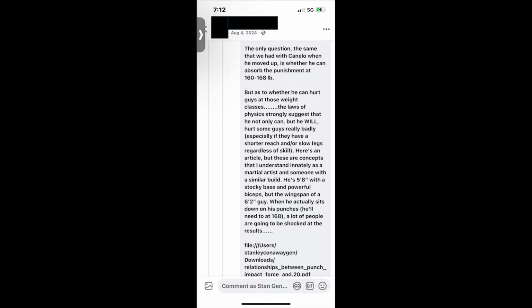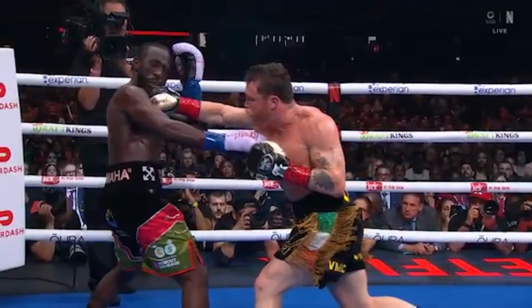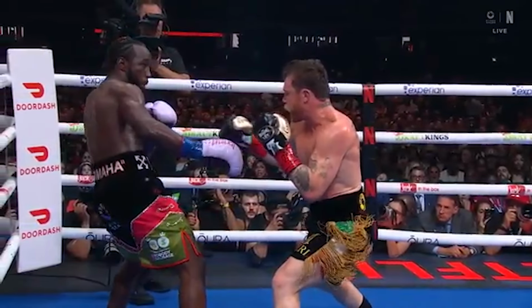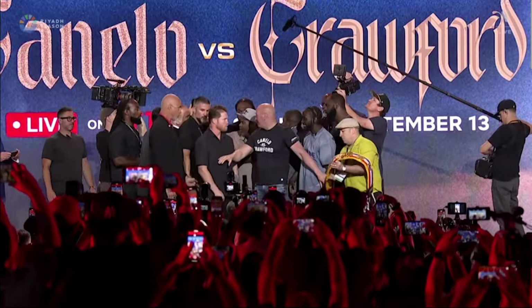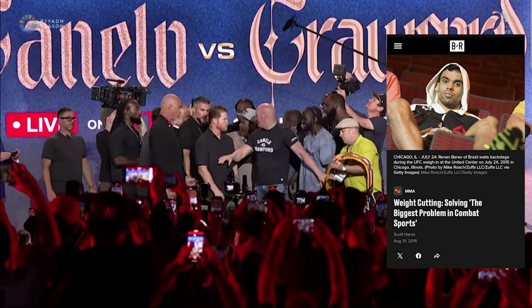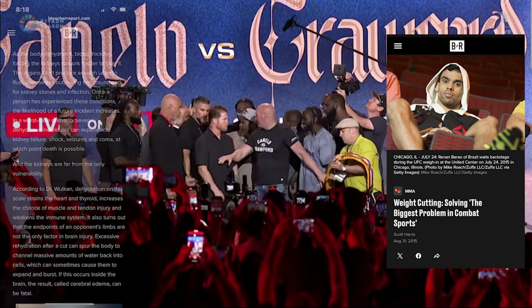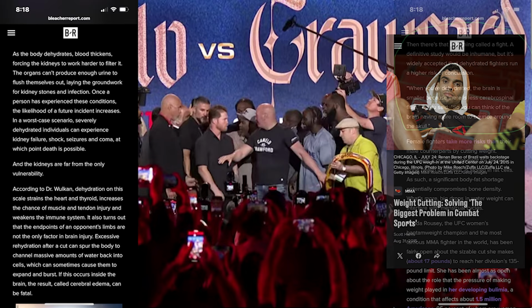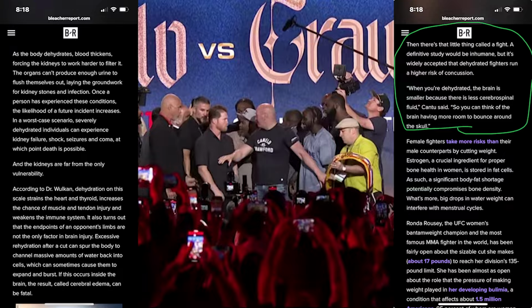And if you cut down weight to get to a weight class you're not really naturally supposed to be at, what do you have to cut the most of? Water. So that not only affects your muscles with you being dehydrated, but it affects other systems in the body, including protective mechanisms around the brain, i.e. the cerebral spinal fluid.